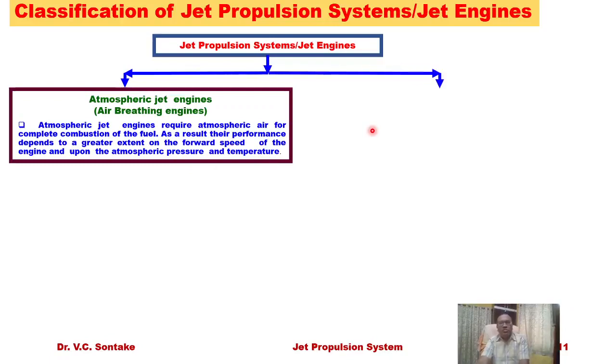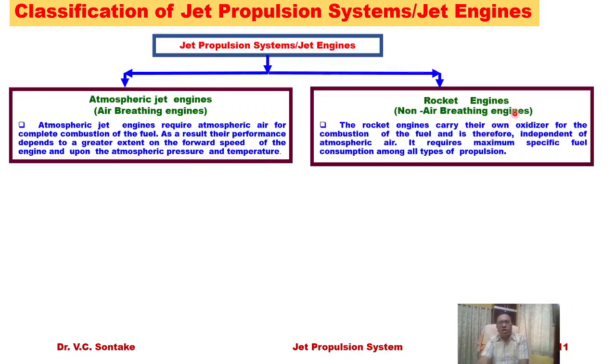The second type of jet propulsion system is the rocket engine, called a non-air breathing engine. Rocket engines carry their own oxidizer for the combustion of the fuel and are therefore independent of atmospheric air and atmospheric pressure and temperature conditions.